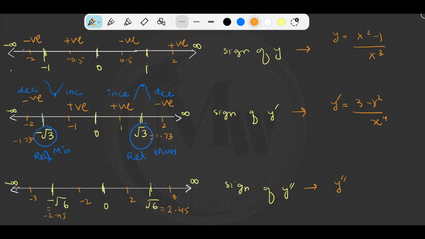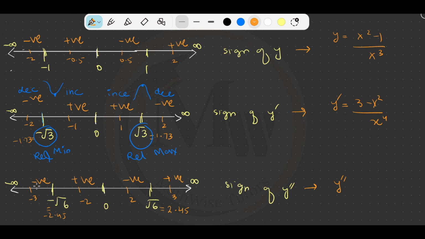So you would notice that on this interval the sign is negative, on this interval the sign is positive, on this interval the sign is again negative, and on this interval the sign is again positive. It means the sign is changing. So where the sign is changing, at these points of inflection, that gives us the concavity.